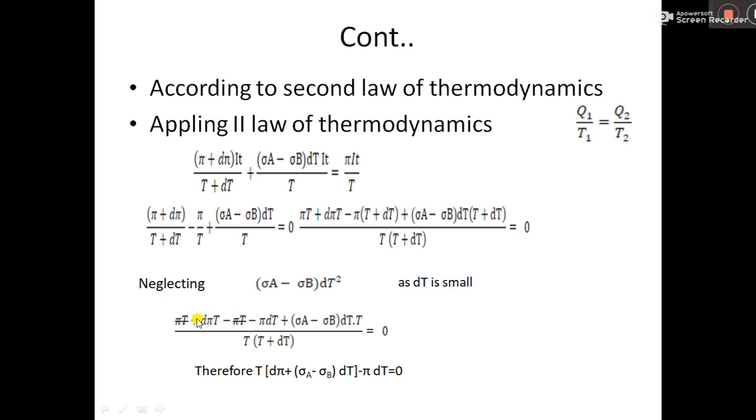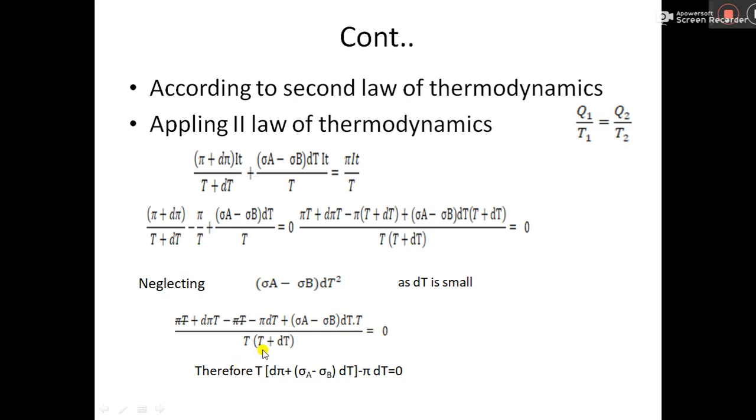So remaining, pi into T and minus pi into T get cancelled: d pi into T minus pi into dt plus sigma A minus sigma B dt into T, divided by T of T plus dt, is equal to 0.